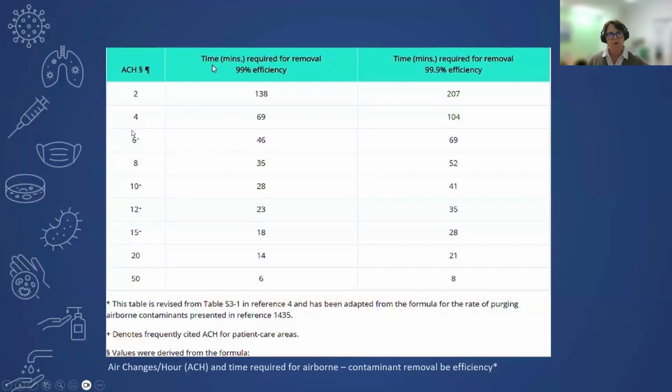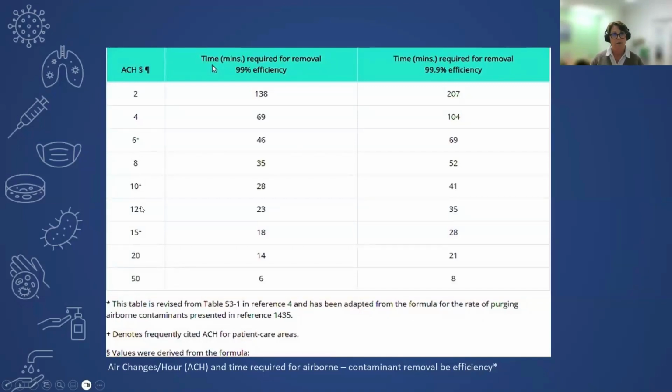So if you're sitting at about 6, which is a standard room air change, then it's going to be 46 minutes to achieve 99% removal efficiency. If it's 99.9% efficiency you want to achieve, then it's going to take longer, 69 minutes. So that's a long time if you're a busy practice and you're doing a number of AGPs in a list.